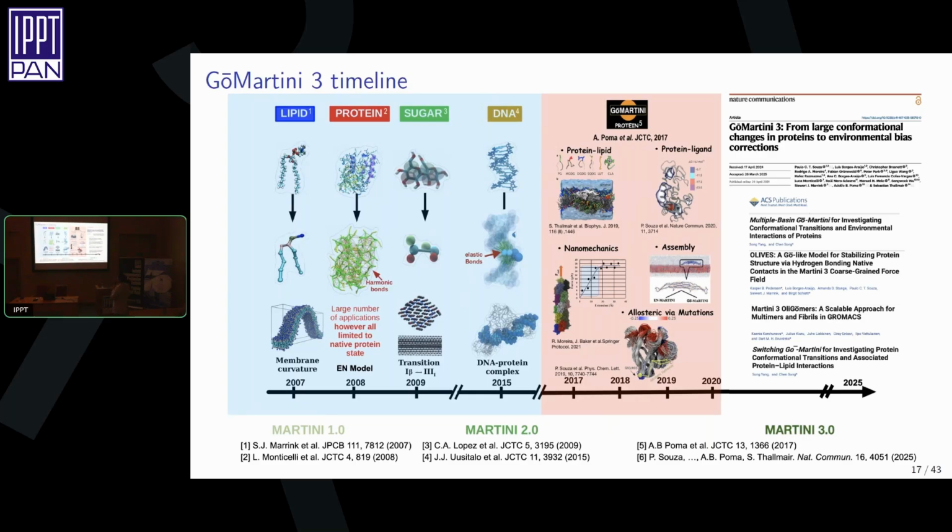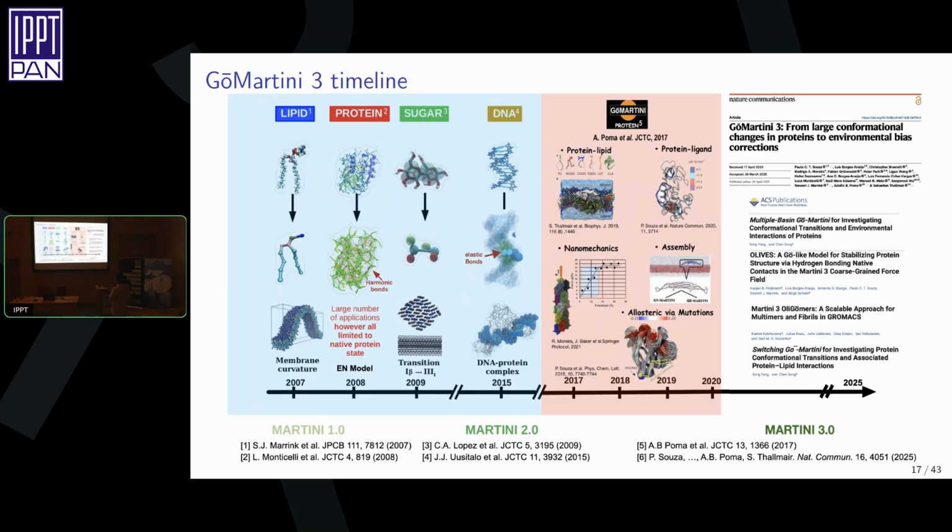That led us to the new paper, which was just recently published in Nature Communications, and there are a lot more authors than the original paper. Each of us contributed new test cases, and we validated in different systems such as IDPs, protein-ligands, and also some condensates and so on.